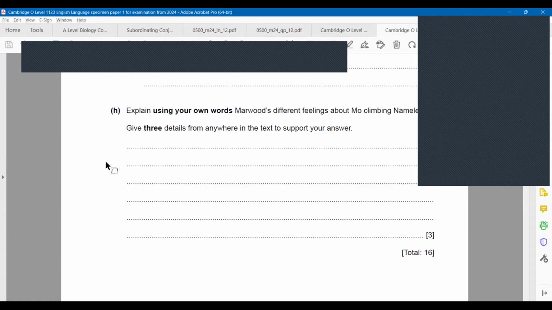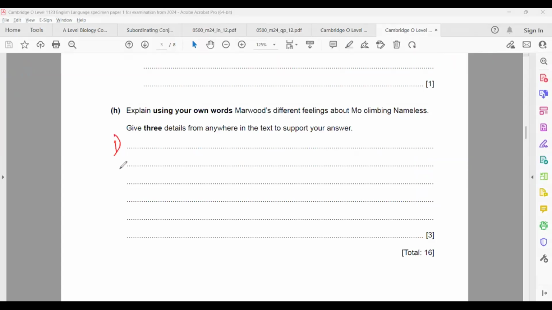What you don't want to do is put a number for each detail, writing down 1, then 2, then 3. You don't want to do that, or put in bullet points or stars or any kind of mark like an arrow.